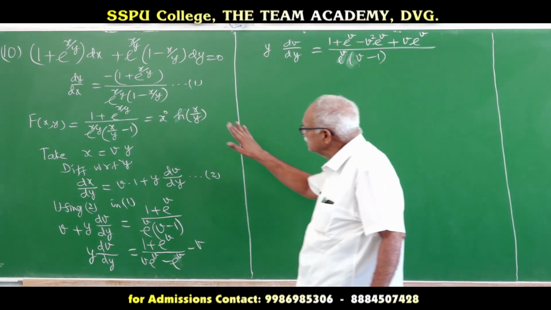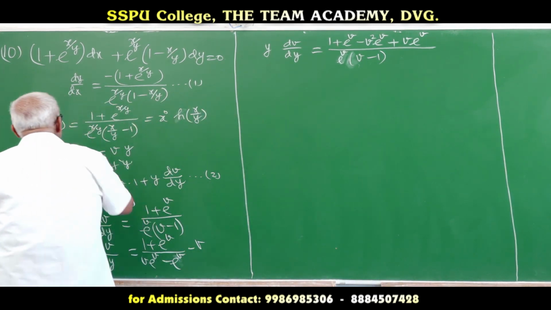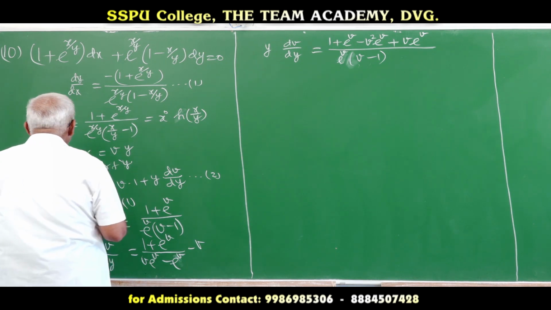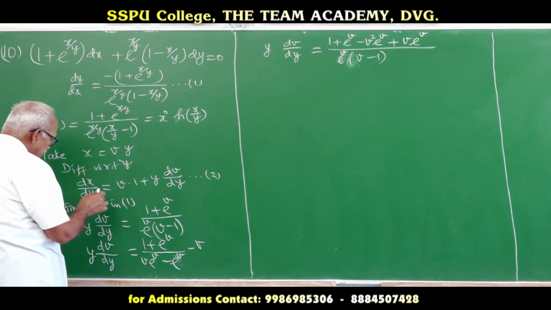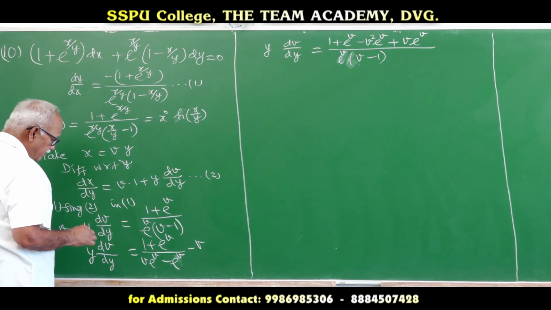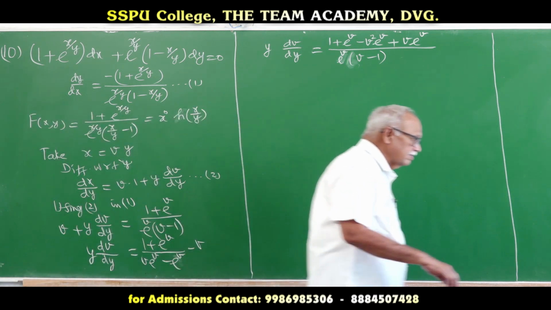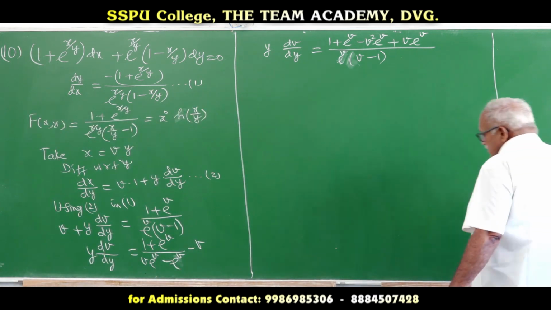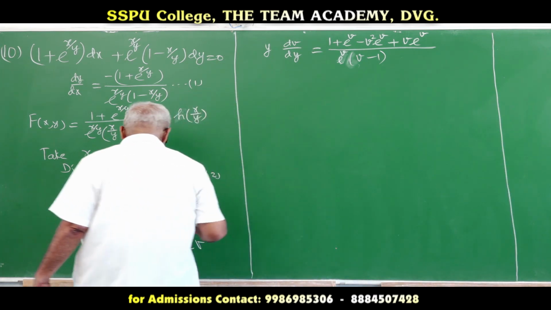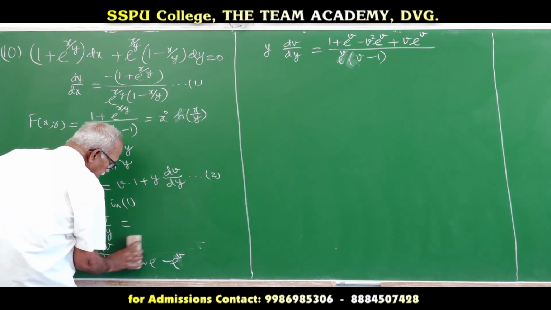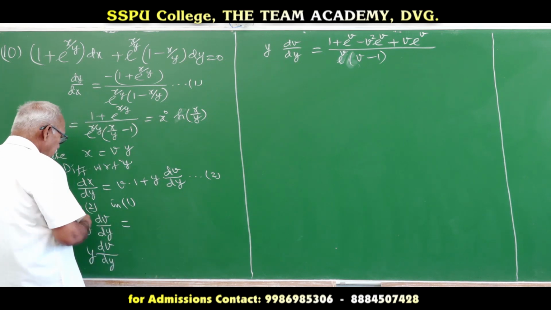Okay, there is some error here. This is dy by dx. So, what is dx by dy? You can see we have taken dy by dx, but we want only dx by dy.